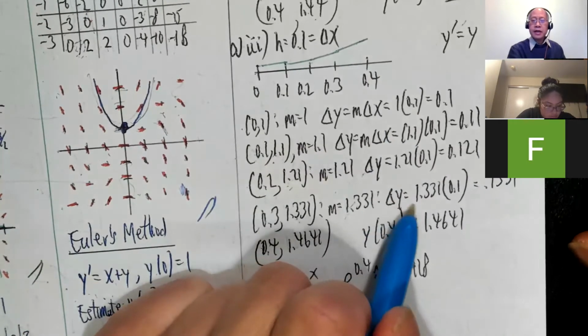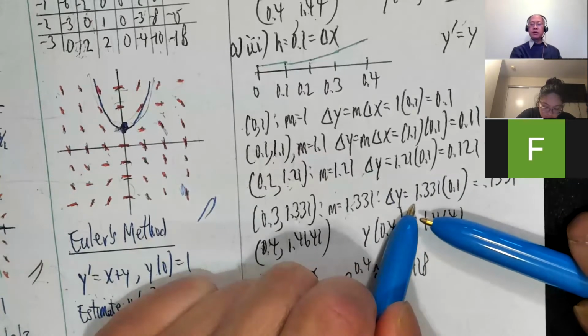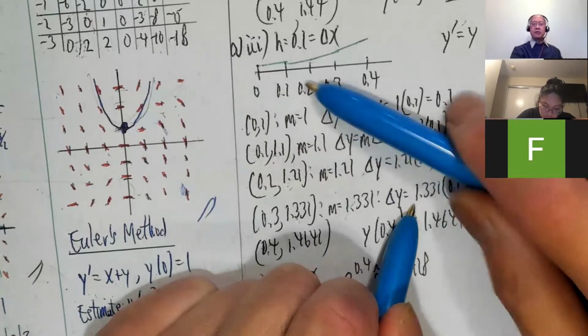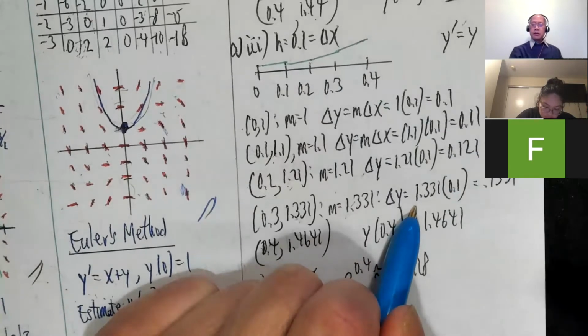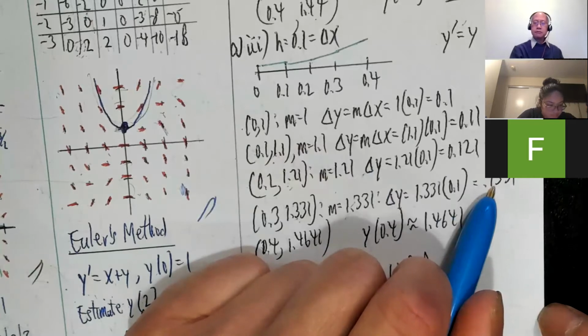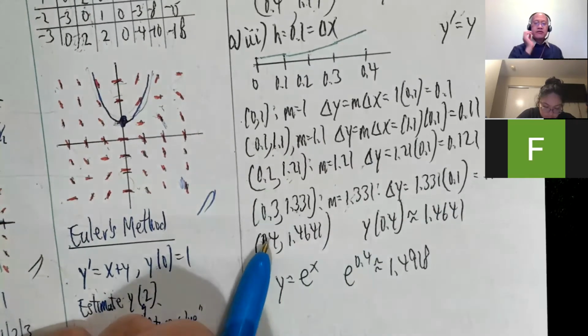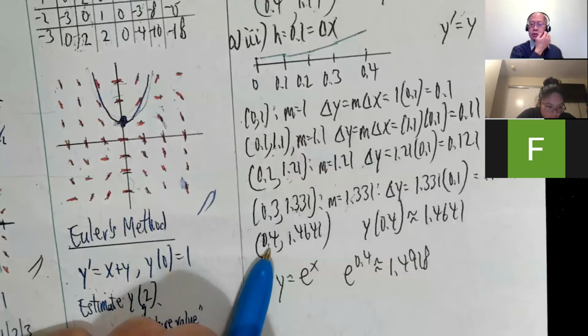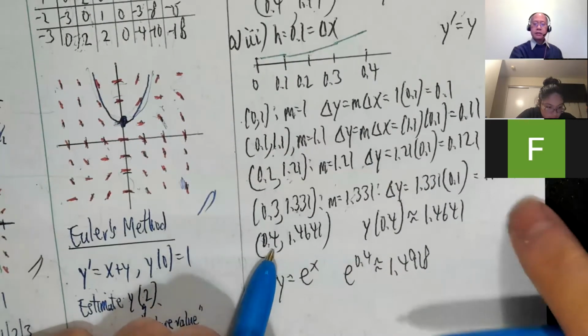Okay, delta y is m delta x. So my new m is 1.331. Delta x stays the same, 0.1. So 0.1331. That's my new delta y. All right, new x value is 0.4. Old x plus delta x.